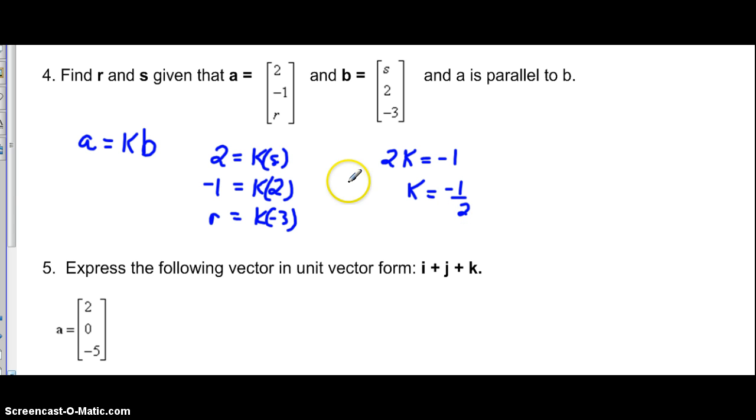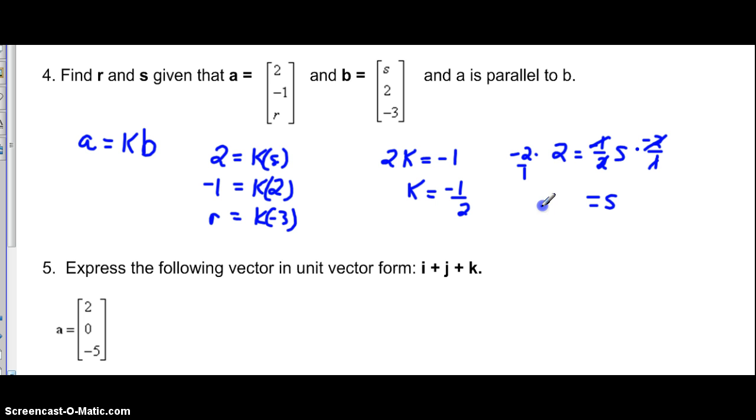And then we just plug in to find S and R. So let's plug into this formula. So 2 equals our K we found, negative 1/2, times S. And then we solve for S. So we multiply both sides by negative 2, the reciprocal, so that'll get S by itself.